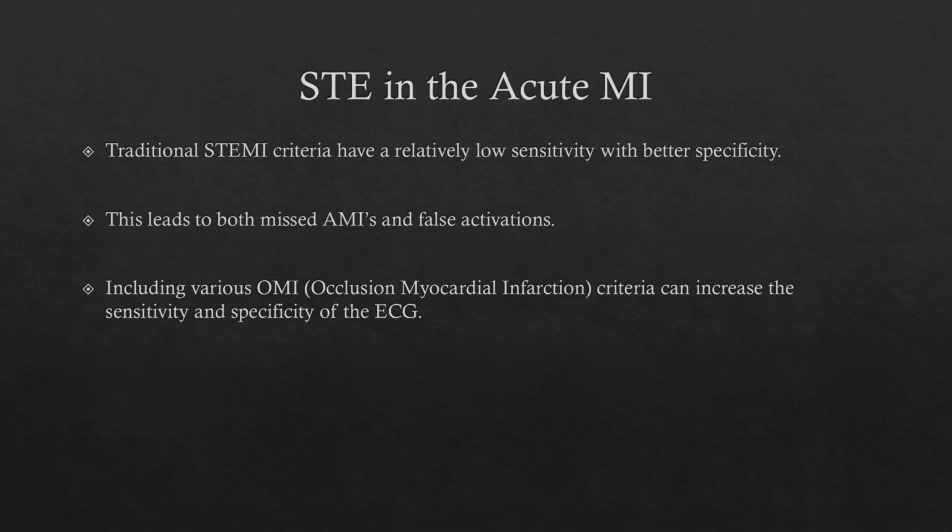So the next problem to lay in here before we get into the ECGs itself is our traditional STEMI criteria have a relatively low sensitivity with much better specificity. It depends on the literature, but you're looking at somewhere between 20 and 60% typically for your sensitivity. So if you have ST elevation and a patient with symptoms to correlate with, that's a pretty specific finding and often can be a good way to rule in STEMI.